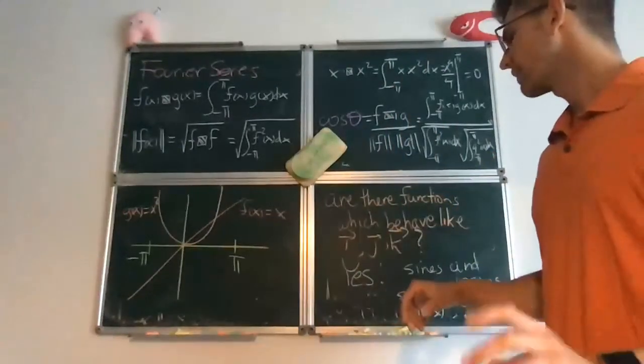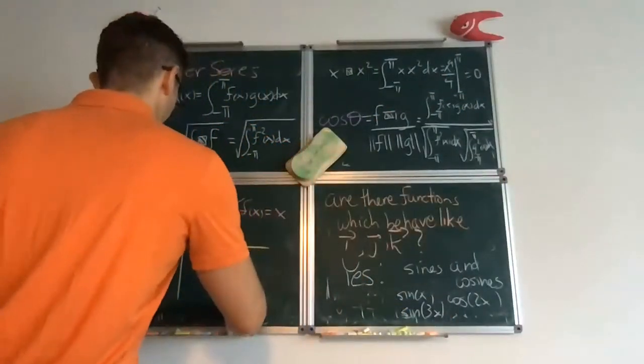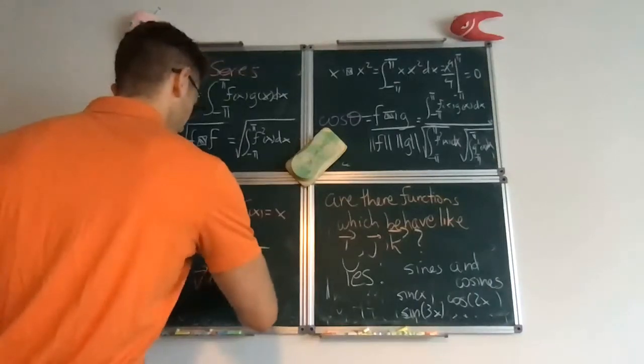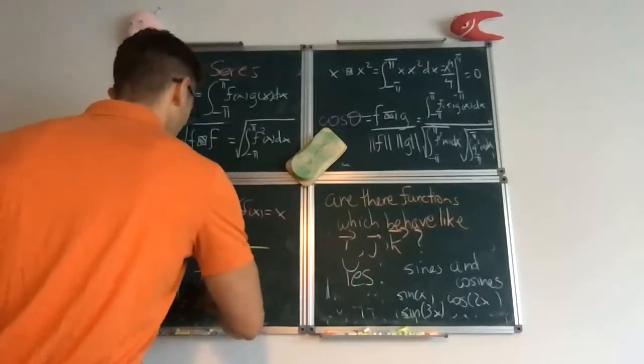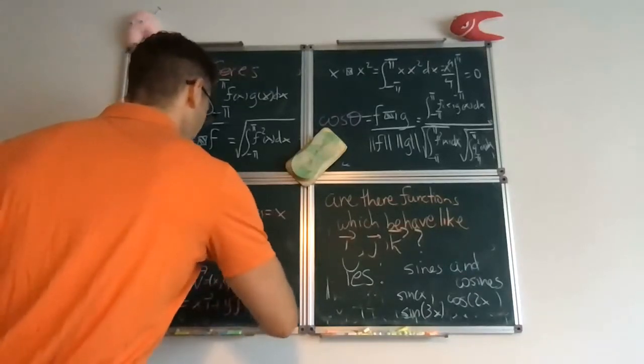But more importantly, the key feature of i, j, and k was, for example, that you can take any vector and write it in terms of i, j, and k.